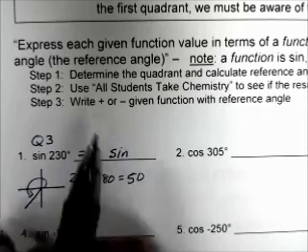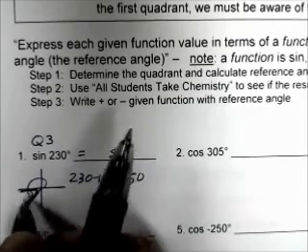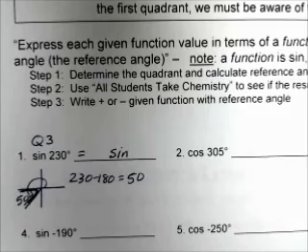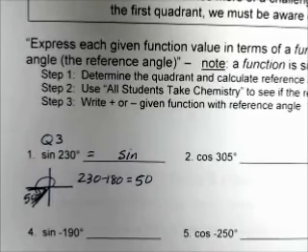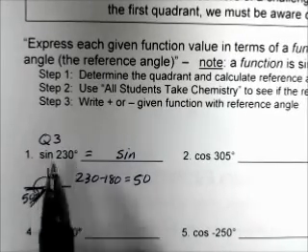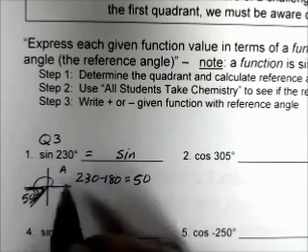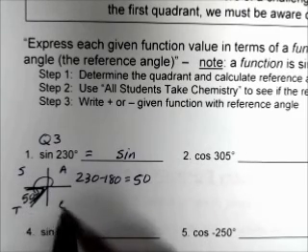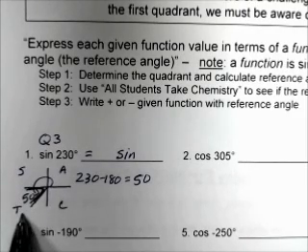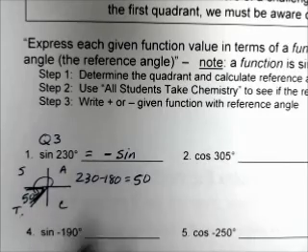Okay, so this would be my reference angle of 50 degrees right here. Using All Students Take Chemistry, our function is sine. Is sine positive or negative in quadrant 3? Well, sine is negative in quadrant 3. So the sine of 230 is going to equal negative sine of our reference angle. So negative sine of 50 degrees. That's our answer.